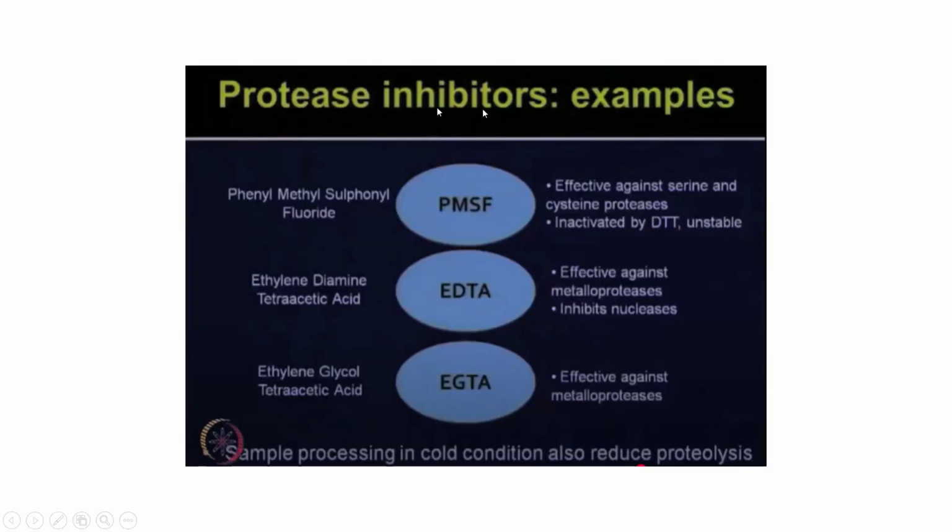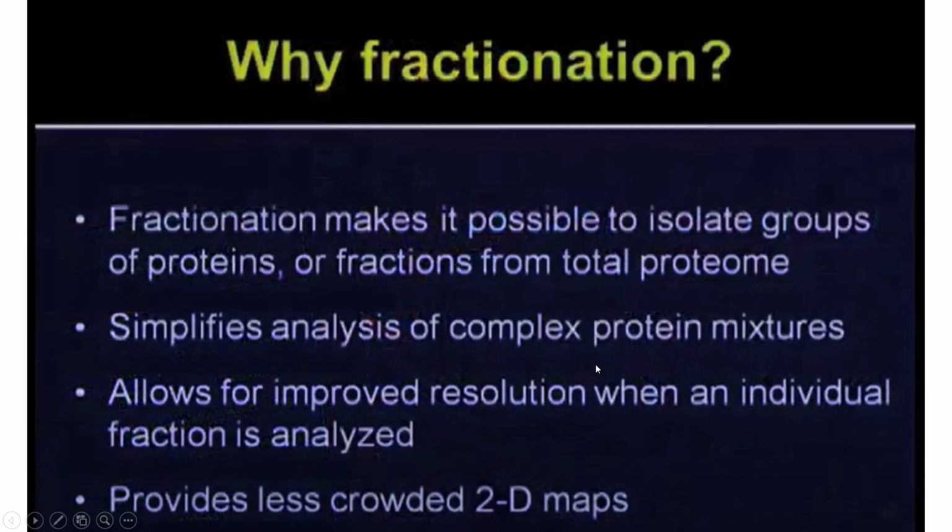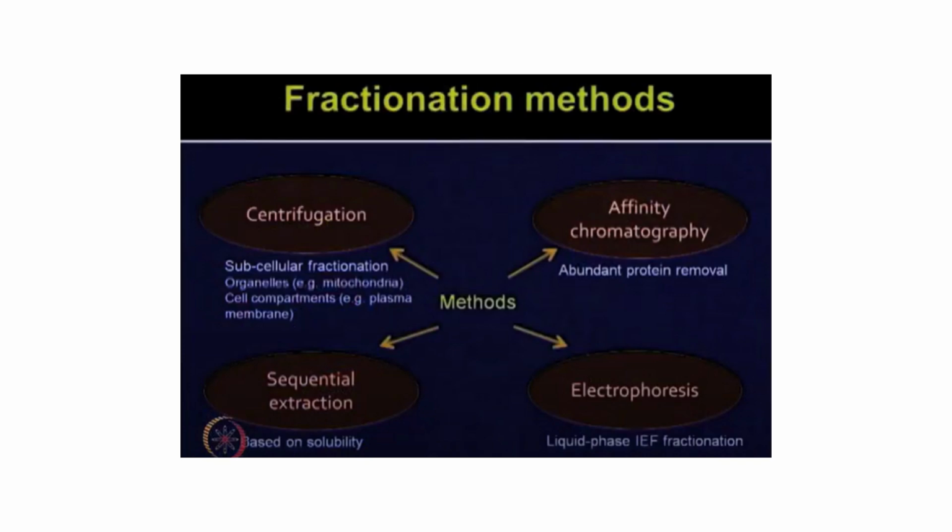Then, as I said, protease inhibitors are added. These are a few examples of protease inhibitors and their specific roles. Then we do fractionization, that is to isolate groups of proteins or fractions from the total proteome, so that whatever fraction your major protein might be present in, only that fraction will be analyzed further and not all the fractions.